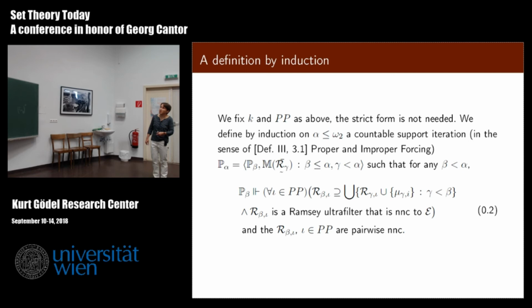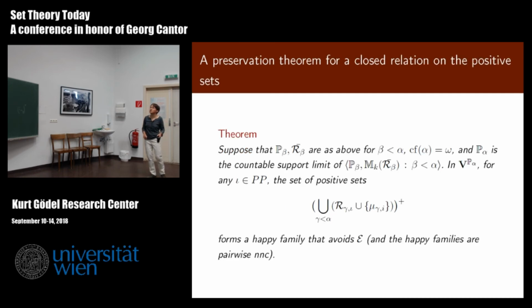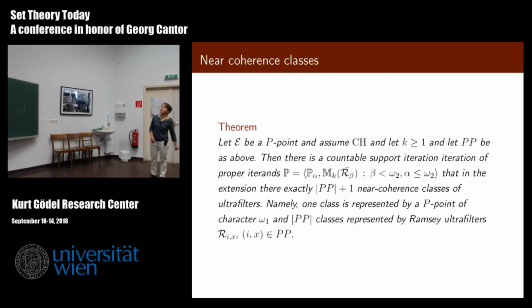And this last part is gotten for free by a CH phenomenon. This is a generalization of a theorem by Blass and Shelah, where they solved the number of near coherence classes. And there is a funny CH phenomenon about small test cases. So that is the outcome, that in the end we have these growing ultrafilters.